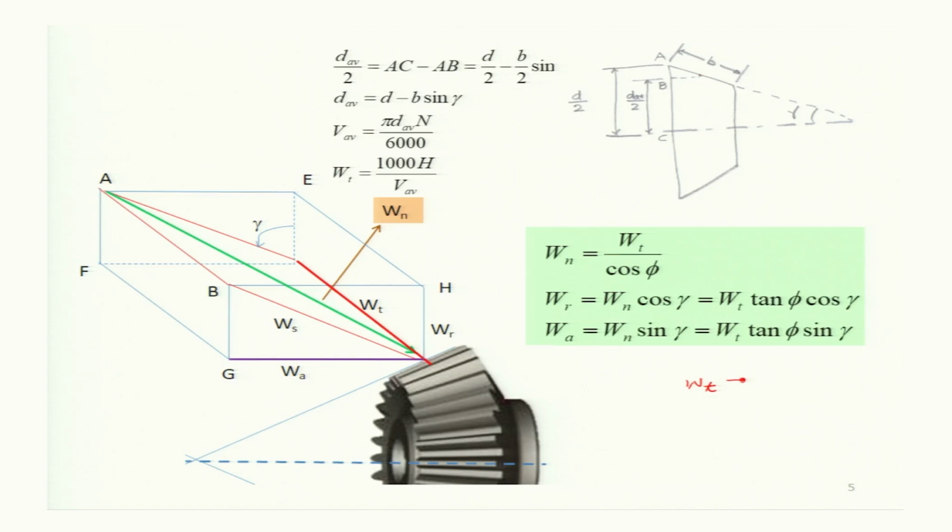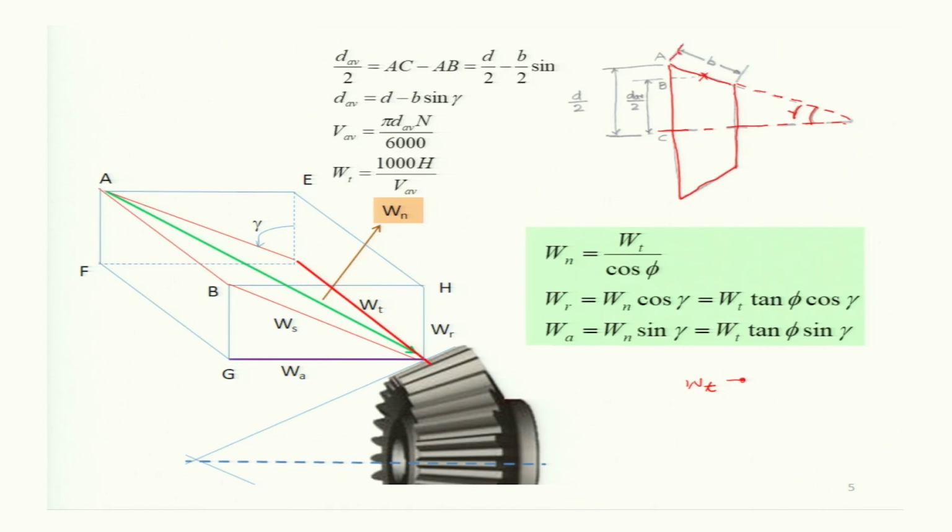So, what we are saying is that if this is a pitch cone, let's redraw it. This is the pitch cone, this is the axis of rotation, and the pitch angle is gamma. So, the load is assumed to act at the mid plane.